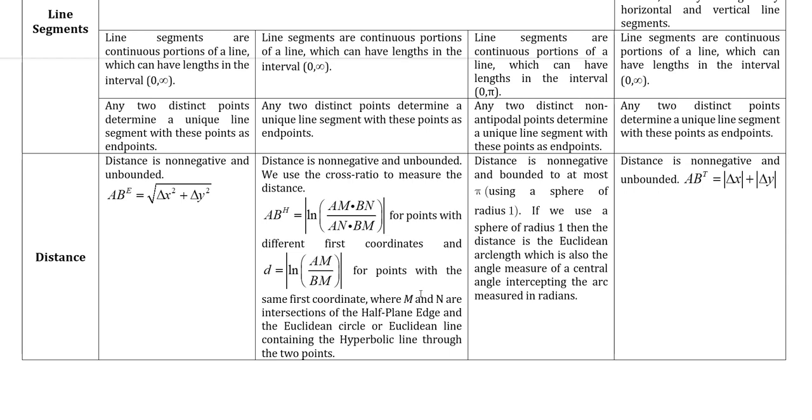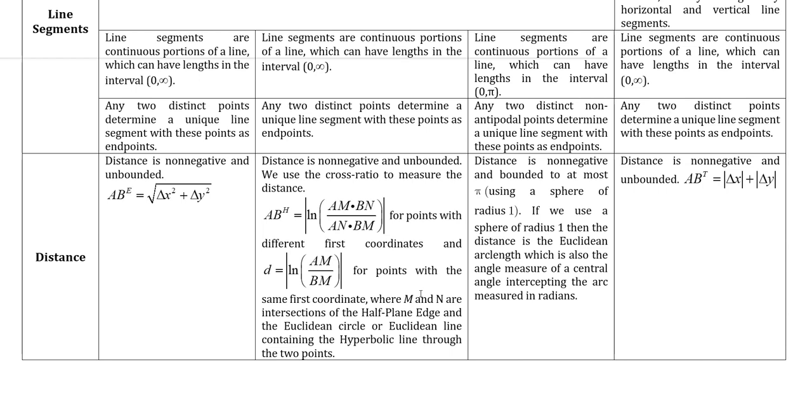In spherical geometry, distance is non-negative, but it's bounded to at most pi. That's where we're using a sphere of radius 1. If we use a sphere of radius 1, then the distance is the arc length, which is also the angle measure of a central angle intercepting the arc in radians. Think of that as a Euclidean central angle, where the vertex is at the center of the sphere as a Euclidean object, and then the sides of the angle go through the 2 points.